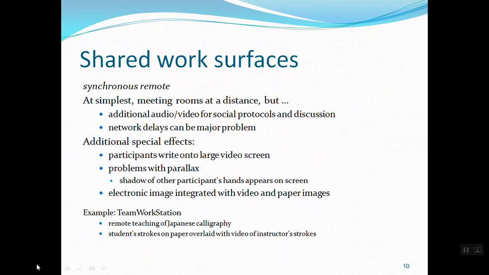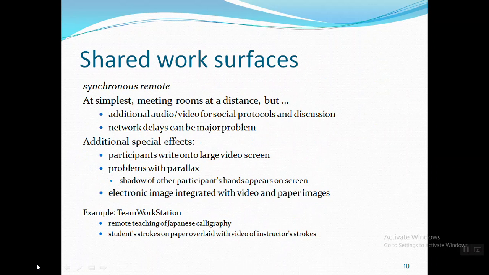So the third subtopic is shared work surfaces. As I said earlier, though they are synchronous in nature, they are not co-located, but remote.